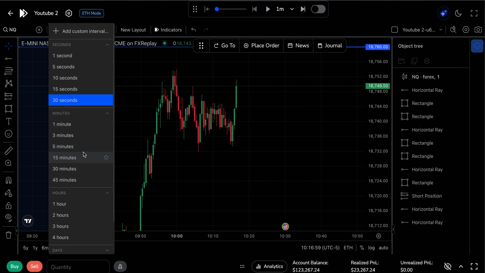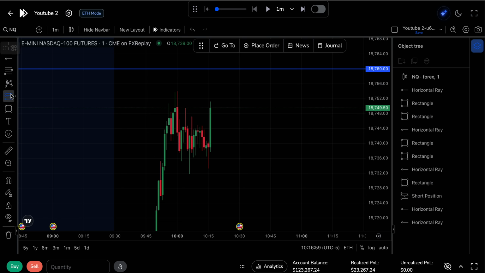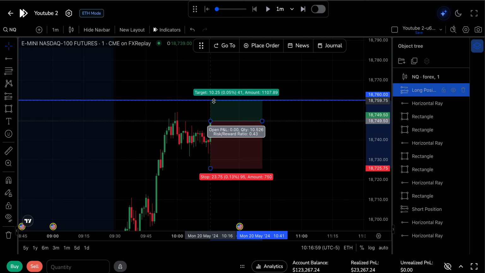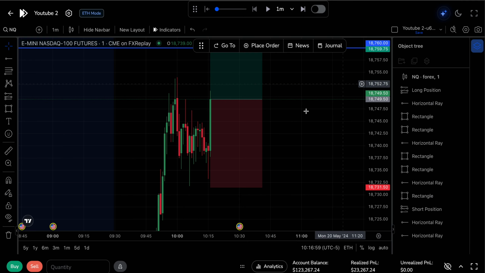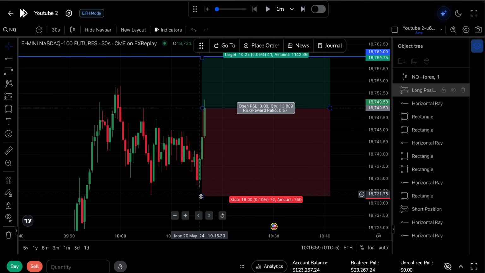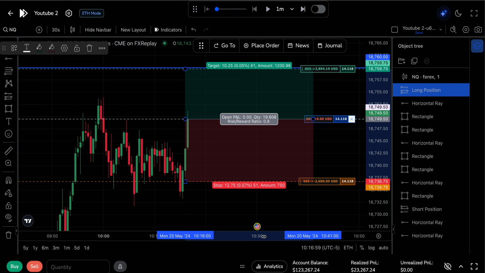Not going to get an entry there, unfortunately. Yeah, never mind. Take a long here to these all-time highs. Pretty bad RR. But if you get a model, or if you get a trade, you got to take it, no matter what the RR is.